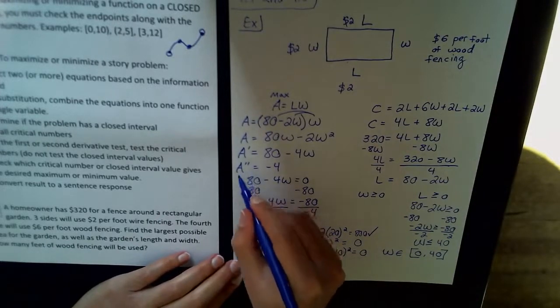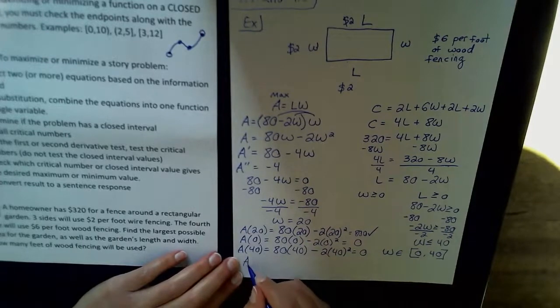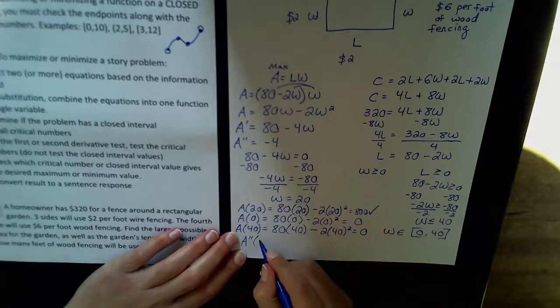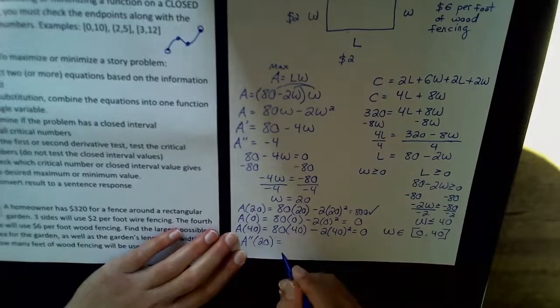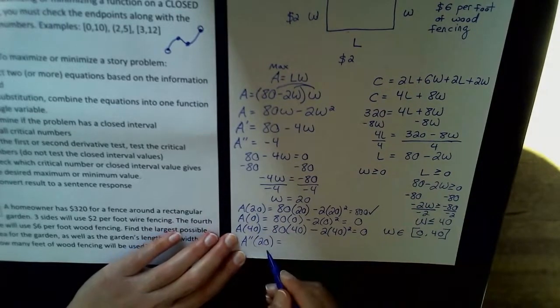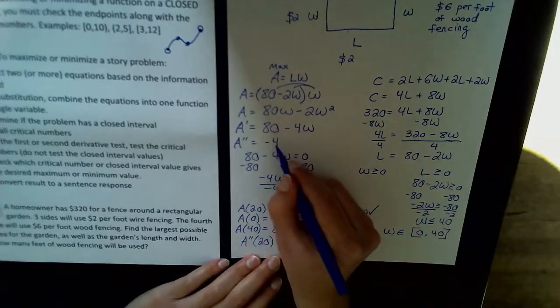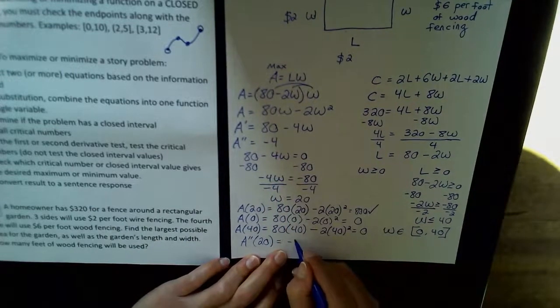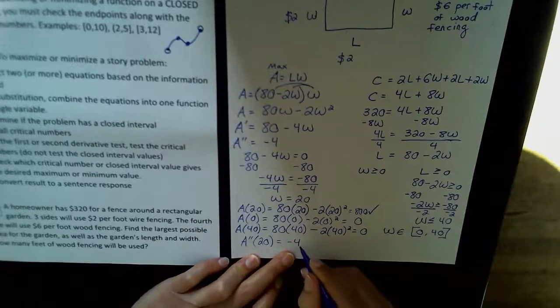And the way we do that is we're going to take a double prime, and we are going to plug our critical number of 20 into it. When we do, the result will always be negative 4. So what does that tell us?